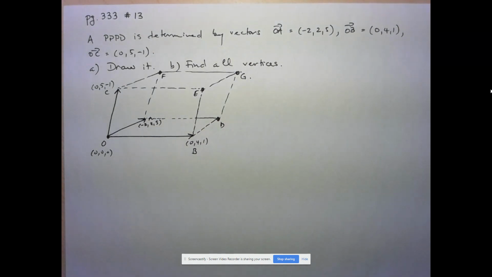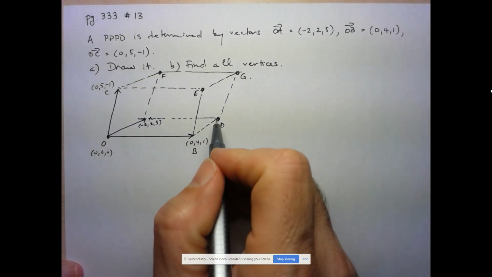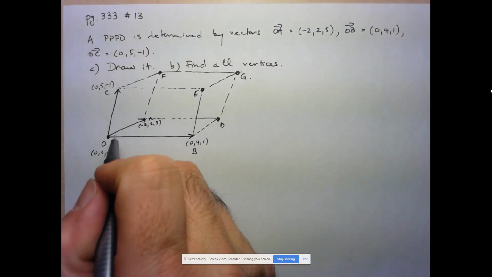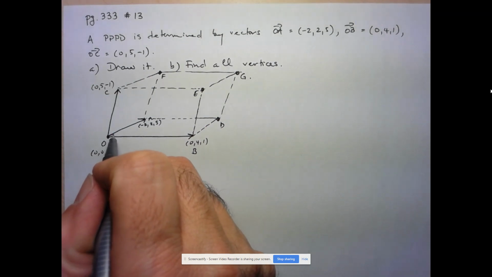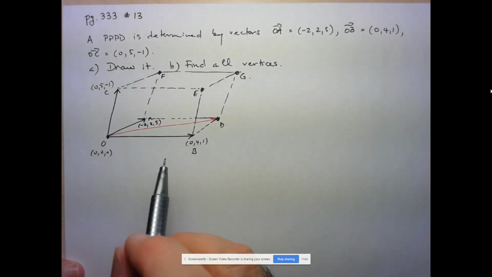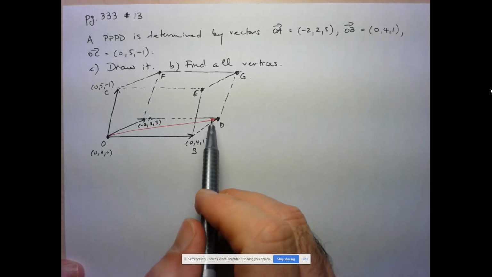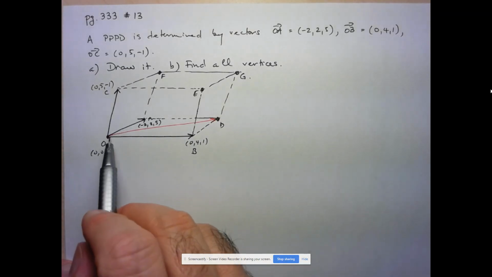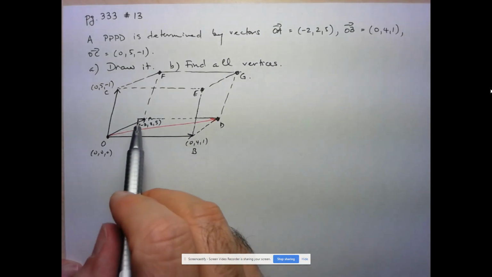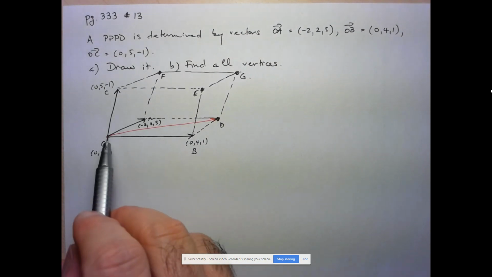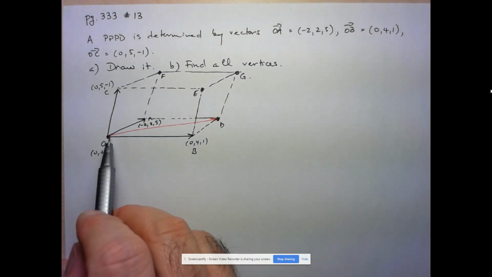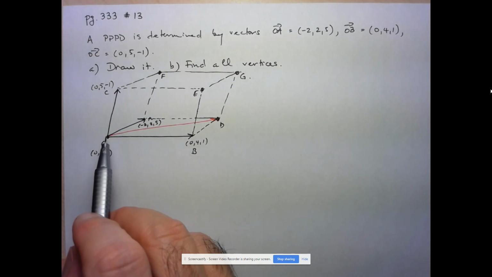Let's now start finding the points. Let's start with the one on the base here, and I'll use different colors. If I want to find point D, I'm going to draw the vector from the origin to D, which is just the diagonal of the parallelogram formed by the vectors OA and OB. The vector formed starting at the two tails of those vectors is just the sum.